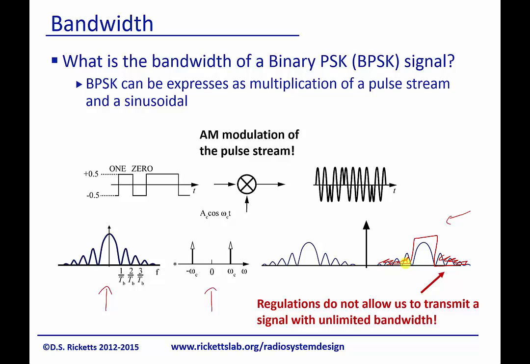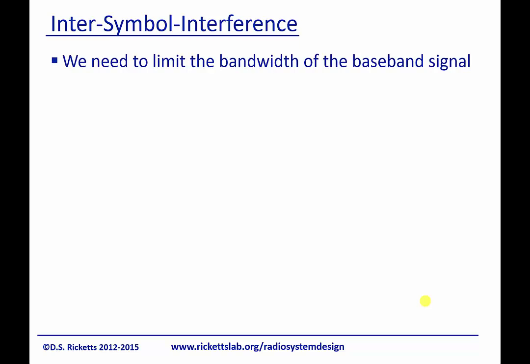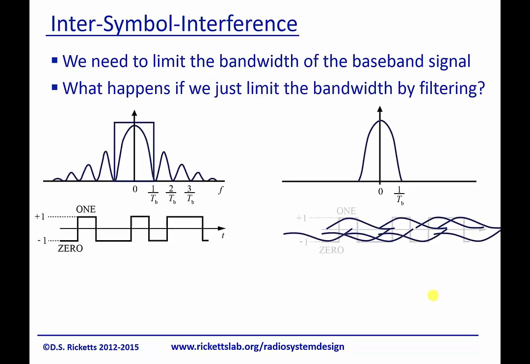But the question is, if we just put a filter like that in, what would it do to our time domain signal? This is where the idea of intersymbol interference comes in. We need to limit the bandwidth of the baseband signal. And what happens if we just do the filtering I mentioned? We just go in and get rid of this. What we end up with is smoothing out each pulse.